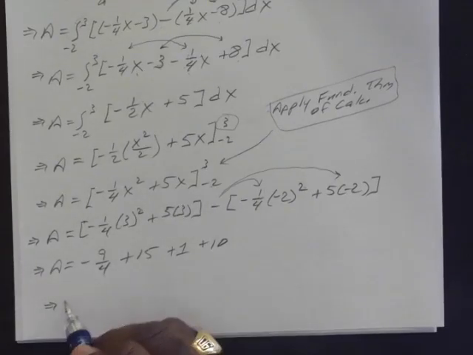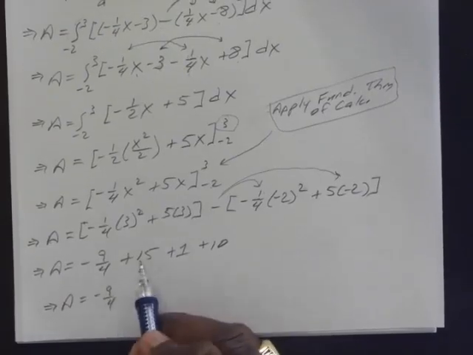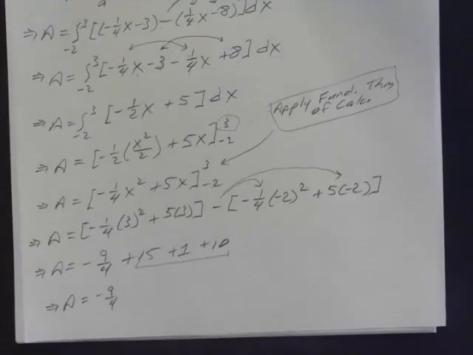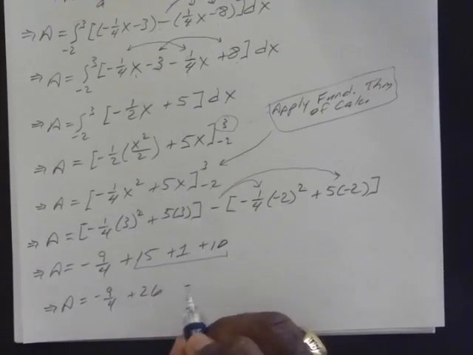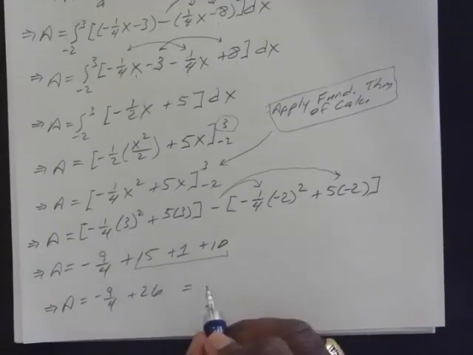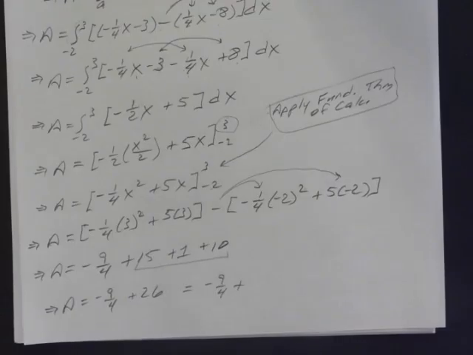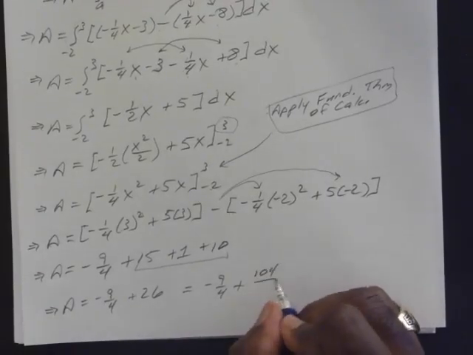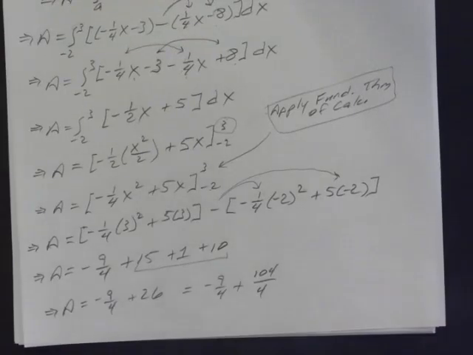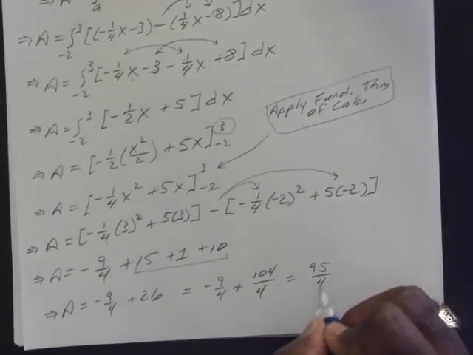And then from here, it's pretty straightforward. You have negative 9/4 plus 26. Or you can just rewrite it: negative 9/4 plus 104/4 if we want to have the common denominator, which gives us 95/4.